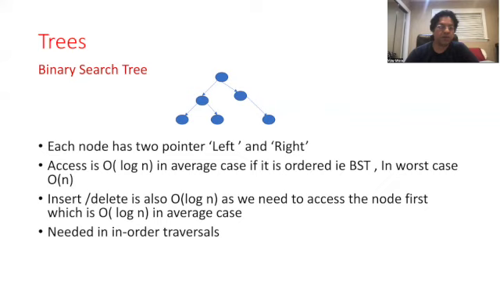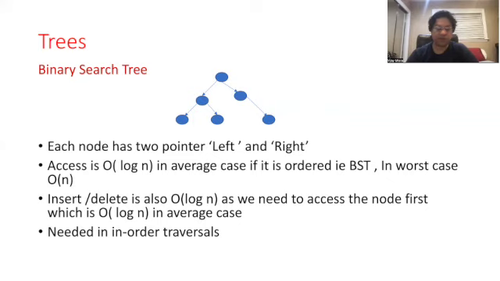A binary search tree has a lot of uses, mostly if you have to do the in-order traversal. You print the left node, then the root node, and then the right node. So essentially you come up with a sorted list of elements.